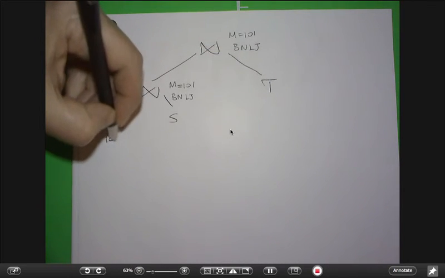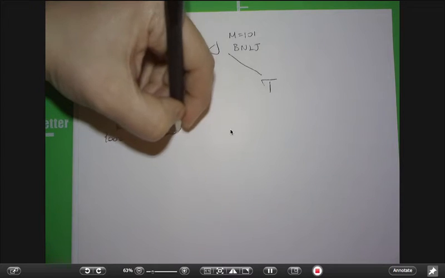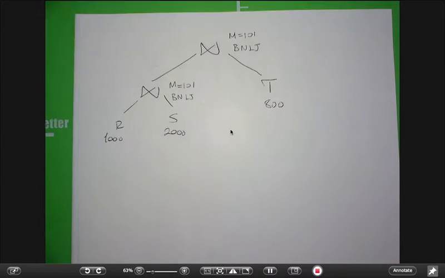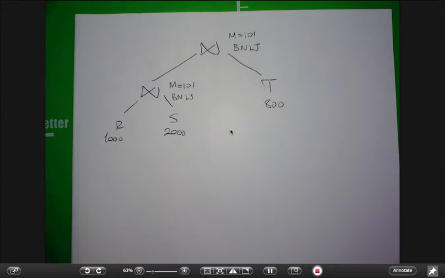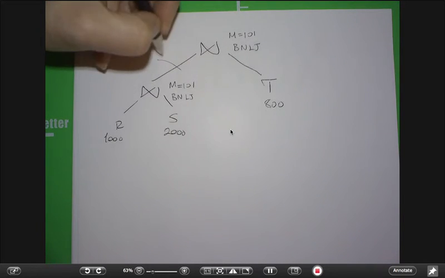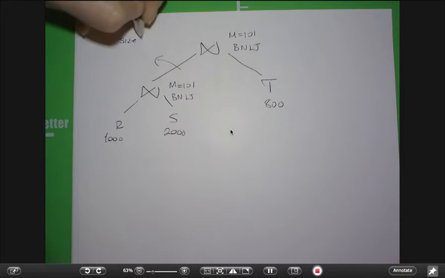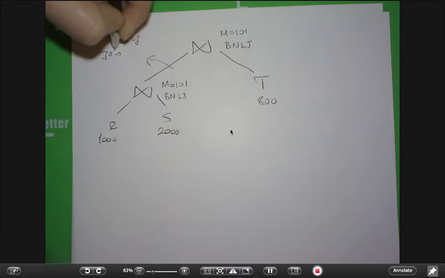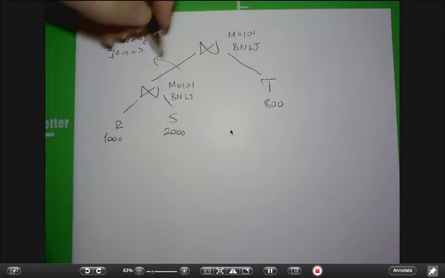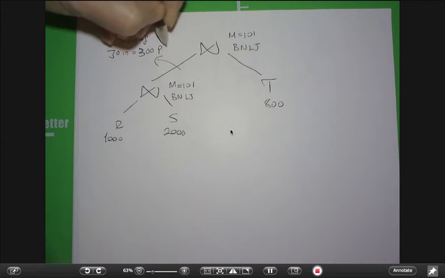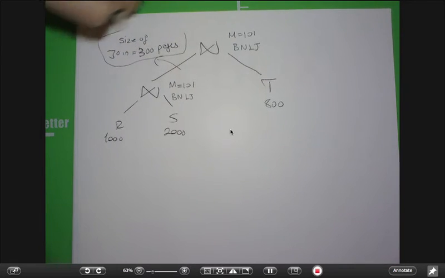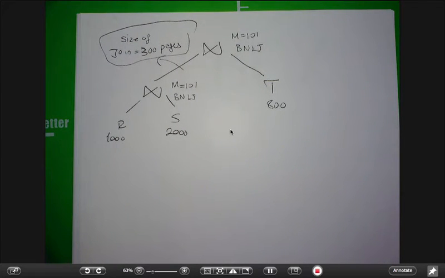So this is 1,000, this is 2,000, and this is 800. And let's assume that the size of the output is about 300 pages, right? So I am going to disregard what that is, but I'm going to assume that the join is going to take about 300 pages, okay?